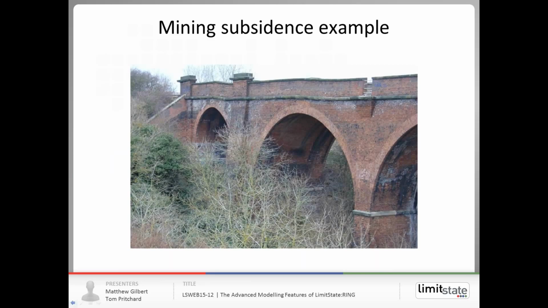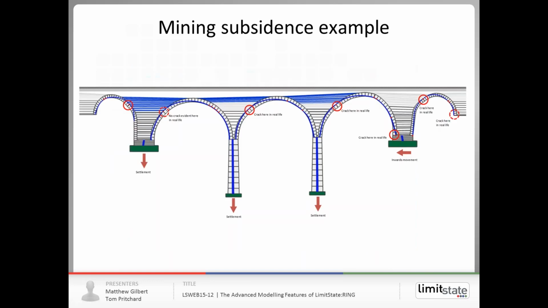The last one before I move on to the next feature is a bridge that's been subject to mining subsidence. You can see quite severe distortion to the parapets because of the mining subsidence. And here we have the model that was developed. In many cases, the model and the bridge in the field are similar.